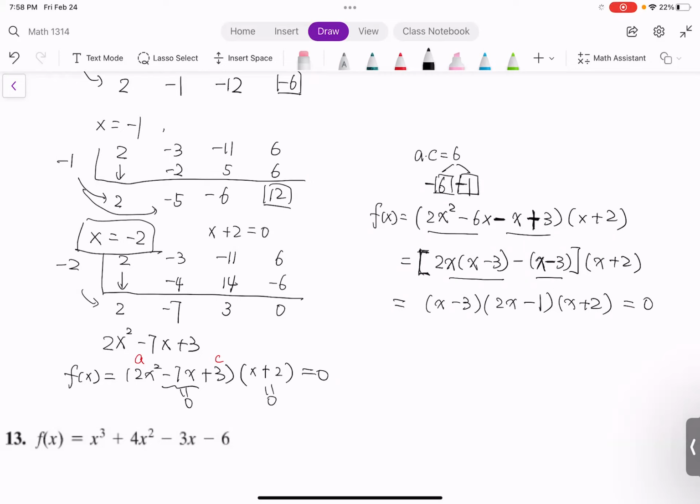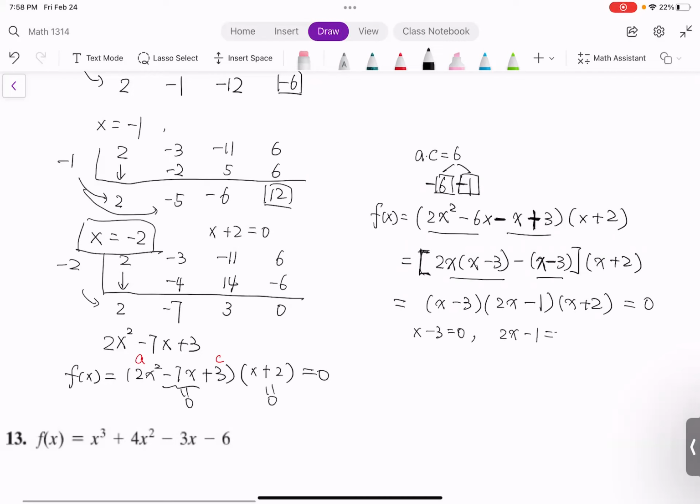Let's list the three equations: x minus 3 equals 0, 2x minus 1 equals 0, x plus 2 equals 0. We can add 3 to both sides, x equals 3. And then for the second equation, add 1, 2x equals 1, divide by 2 on both sides, x equals 1/2.